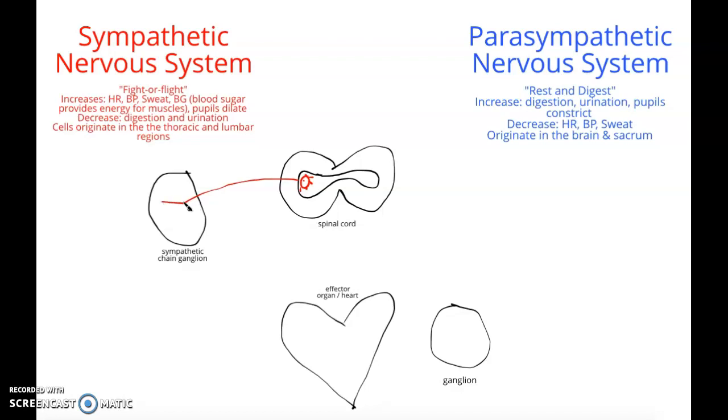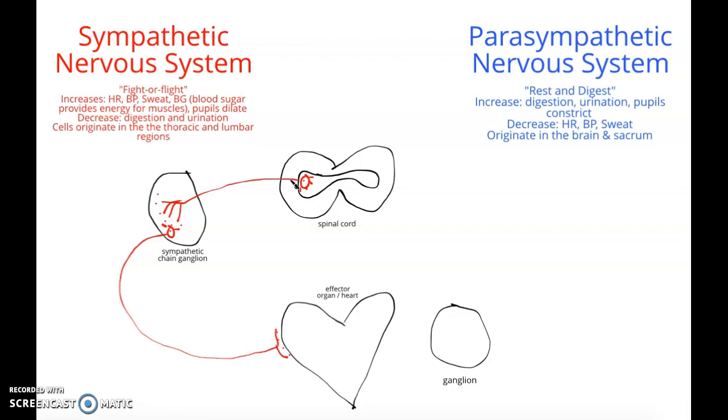It has its little axon terminals here that secrete acetylcholine, and that synapses with the cell body of another neuron that sends an axon to the effector organ, where it secretes norepinephrine.